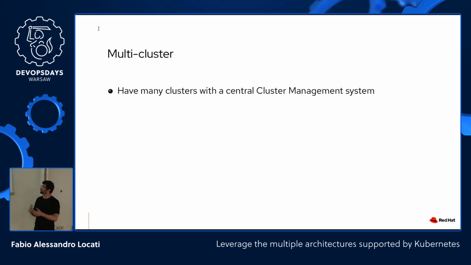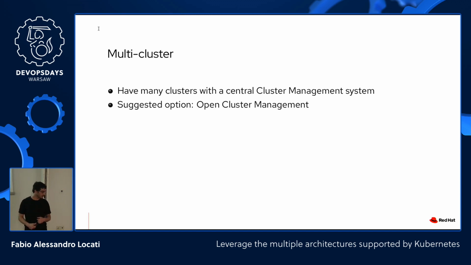And this is usually something that companies already find as a need, even if they don't go the multi-architecture route, because if you start to have one cluster for prod, one for test, one for dev, one for QA maybe, and then a few regions around the world, very easily you will get into the tens of clusters, and you will start to have multi-cluster issues as well.